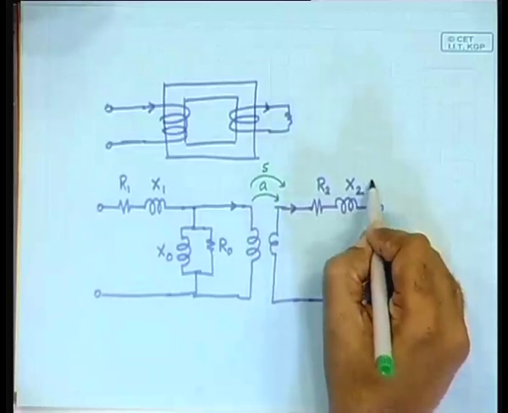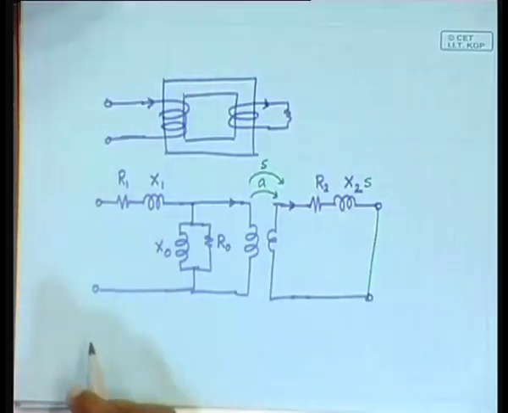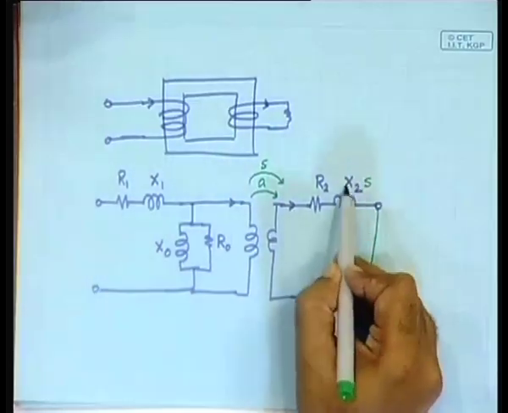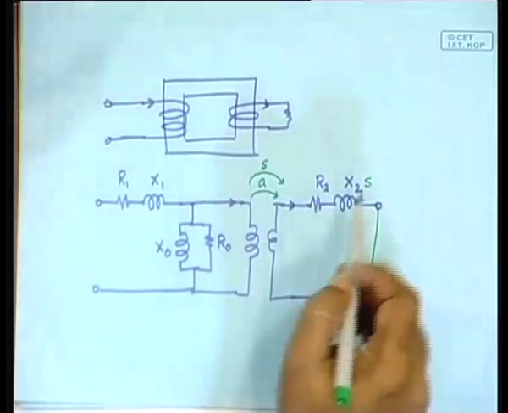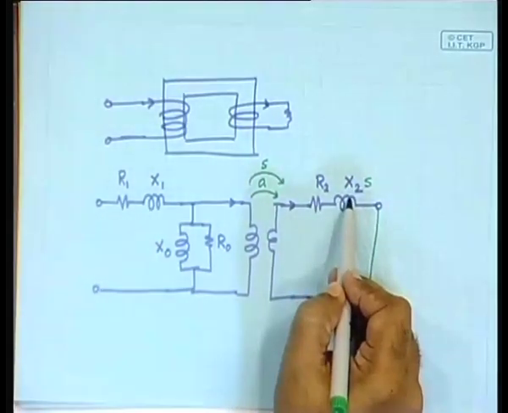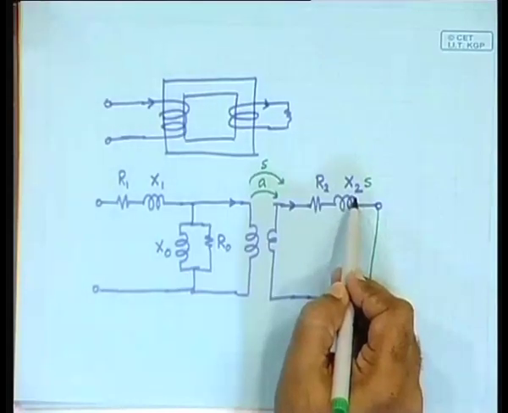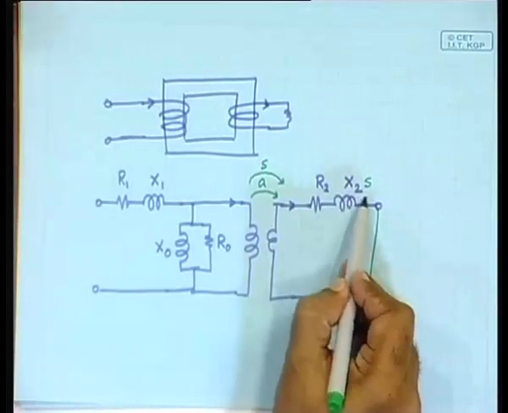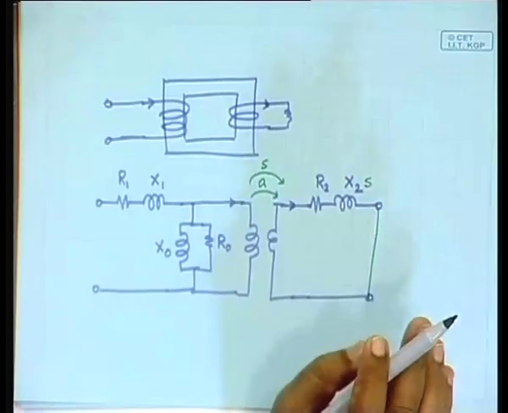So, this fellow will be X2 times S. But R2 will not be affected, because it is a speciality of the inductance that the inductance value is proportional to the frequency. So, it will see the frequency difference here.